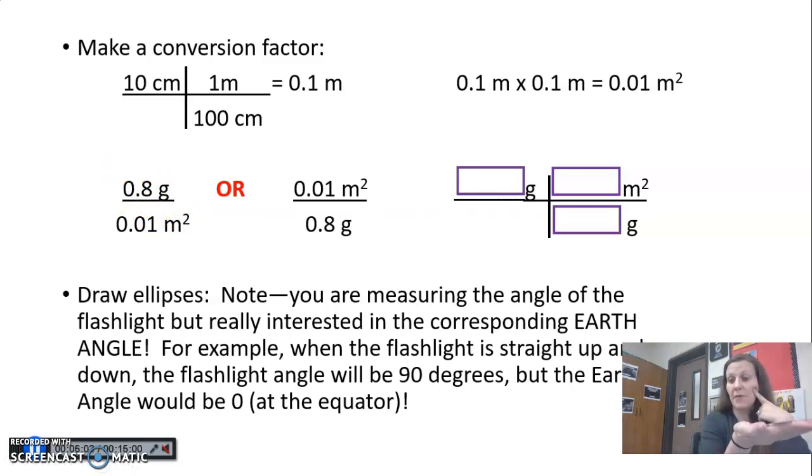We have our mass is equal to our area. So this is now our conversion factor, and we can do it in this fashion with our mass over our area or our area over our mass. It does not matter. You can have it either way. So now we have a conversion factor.